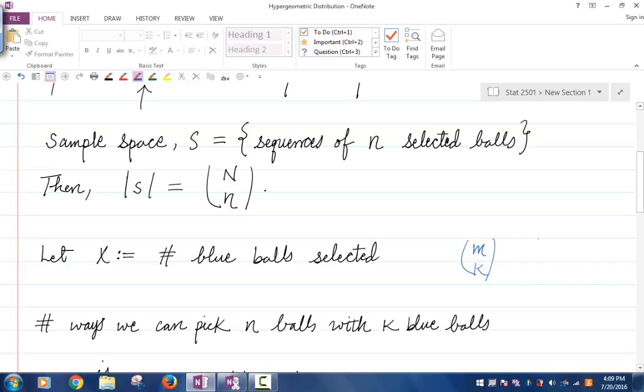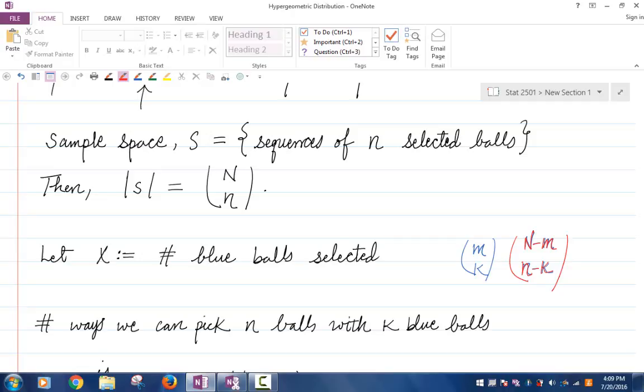Now, how many ways can we pick n minus k red balls from the urn? Well, there are capital N minus M red balls, and we want to choose small n minus k red balls. And so the number of ways is capital N minus M choose n minus k.